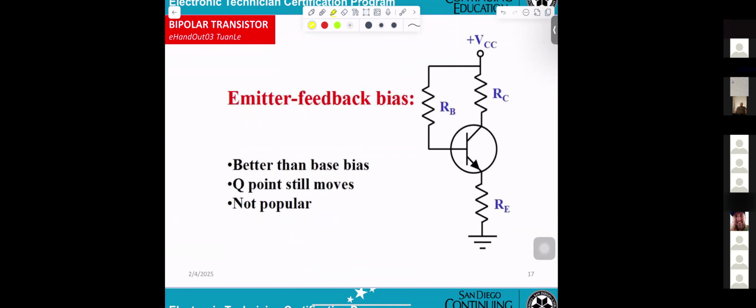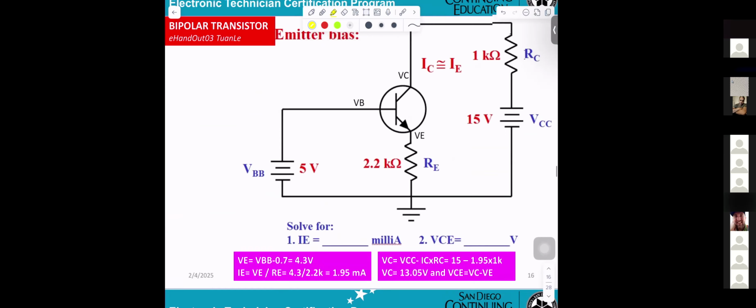Okay? Another emitter feedback bias. Okay? That means another circuitry. Okay? Calculation for DC current and voltage. What they say here, better than base bias. That means better than this one, base bias.